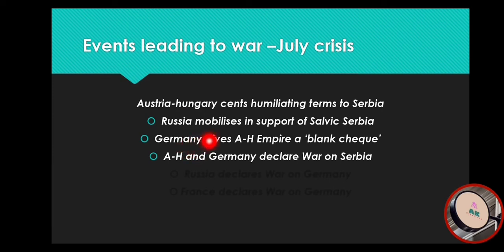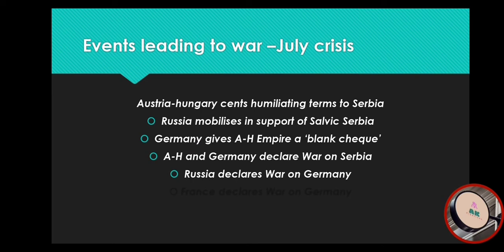Then for Germany, France will come again. So it will start, and we'll have a look at how the Triple Entente and the Alliance came about. Then Russia declared war on Germany. Why?